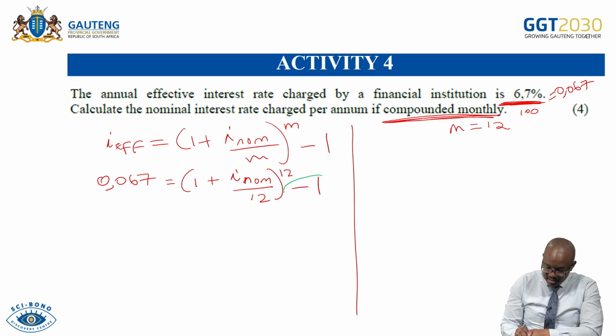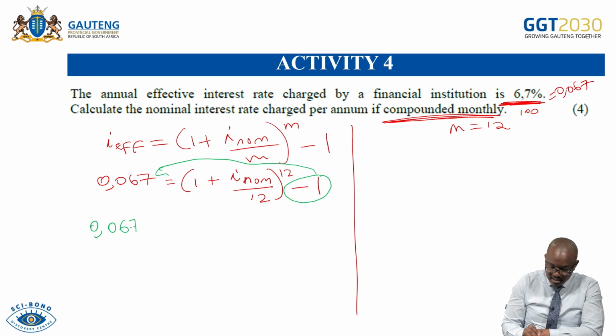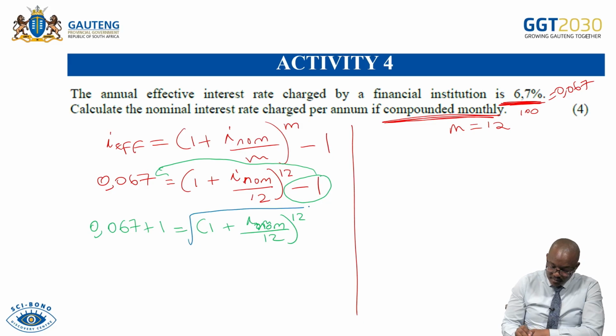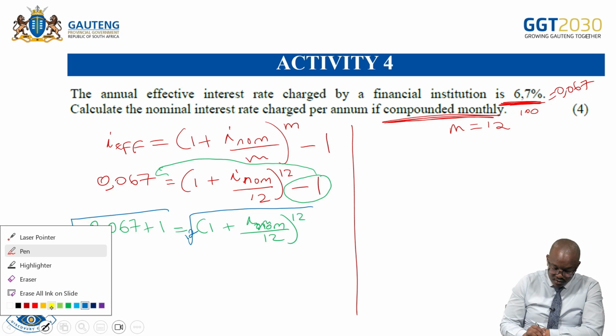So we start by this. We're going to transpose this minus 1 to the other side. We're going to have 0,067 plus 1 equal to (1 plus I norm all over 12) to the power of 12, correct? Then what are we doing now? We are removing that exponent of 12 by the 12th root here, also the 12th root there.